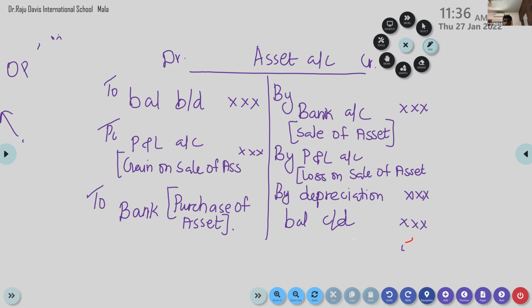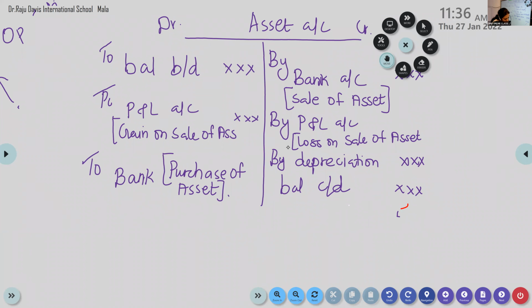Yes, ma'am. So now sometimes the business will be maintaining a provision for depreciation account. You have to prepare this asset account in this way when no provision for depreciation account is maintained.